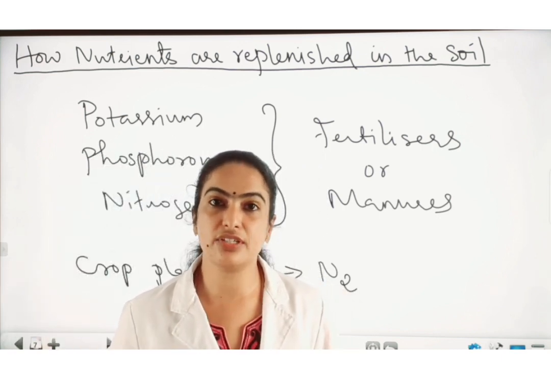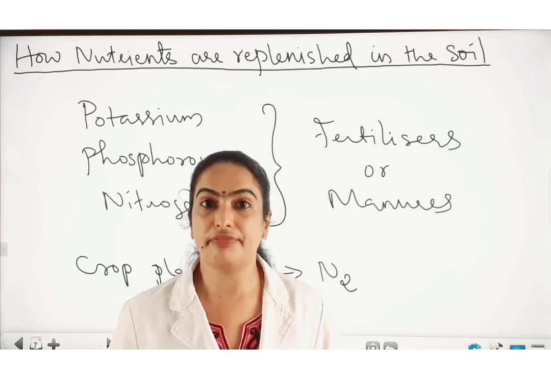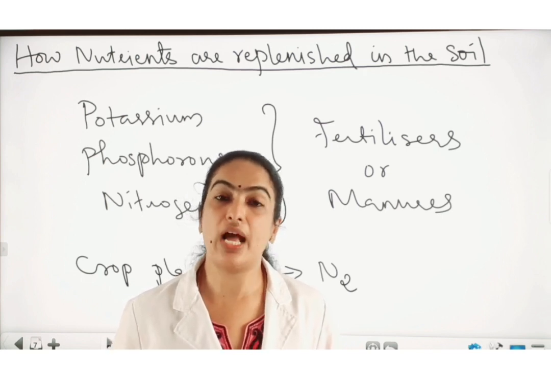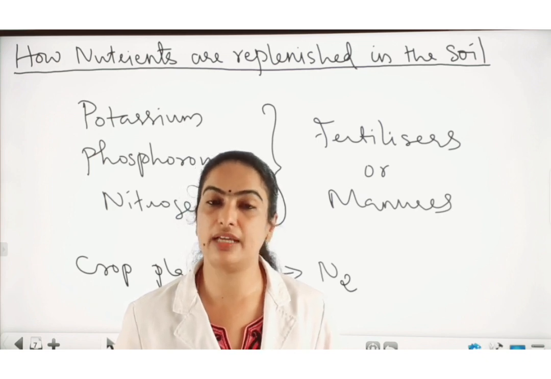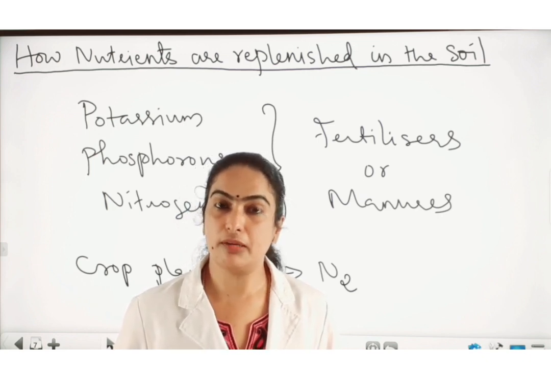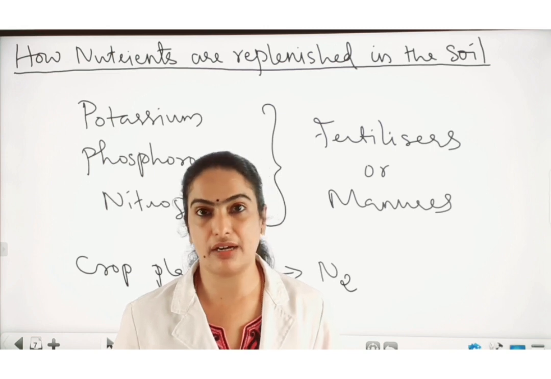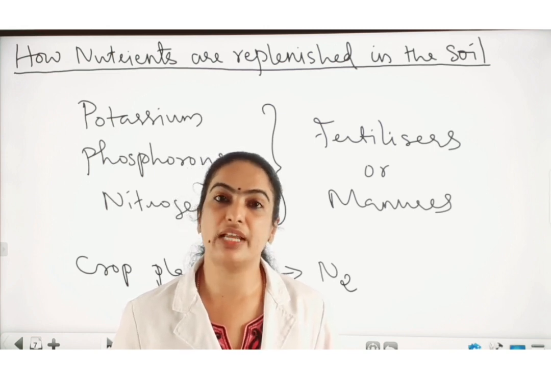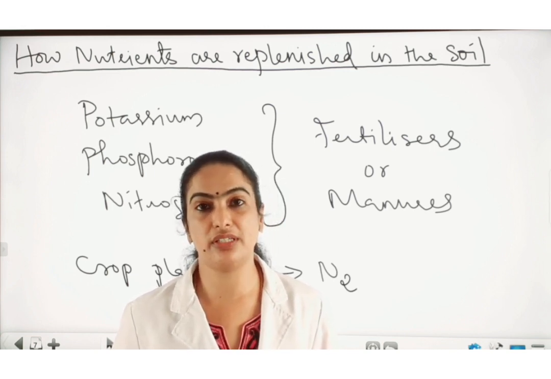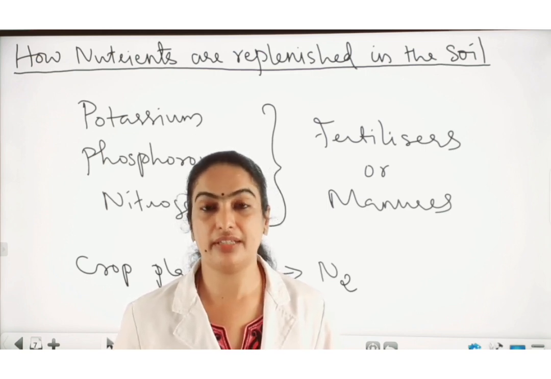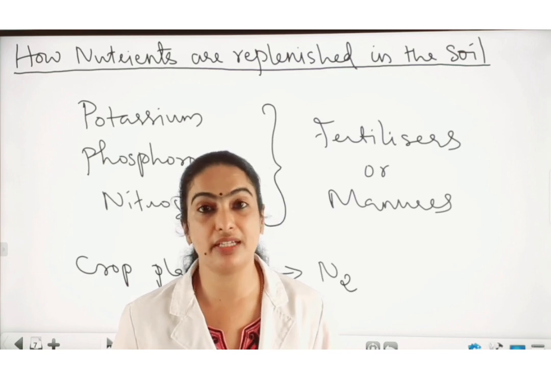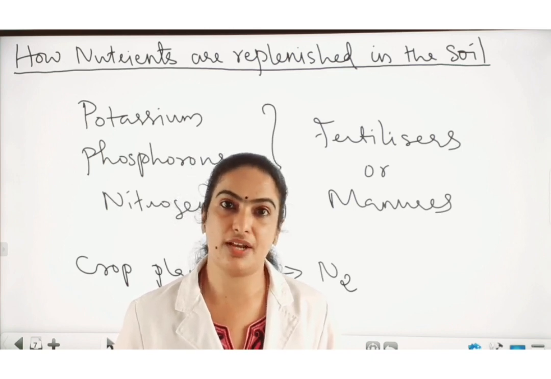So to replenish the soil with the nitrogen, the farmers can grow leguminous plants in the soil. So leguminous plants, you know, which are the leguminous plants? Gram, moong, beans, etc. So in the roots of such leguminous plants, the rhizobium bacteria are there. So they fix the atmospheric nitrogen and convert it into soluble form and make it available to the plants.